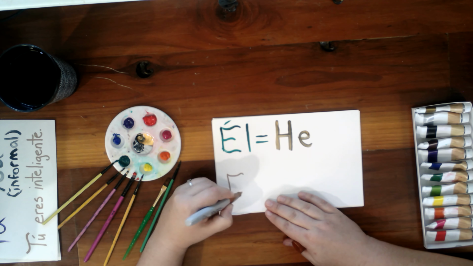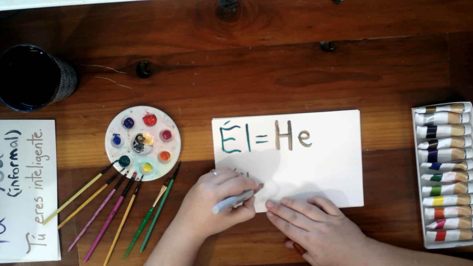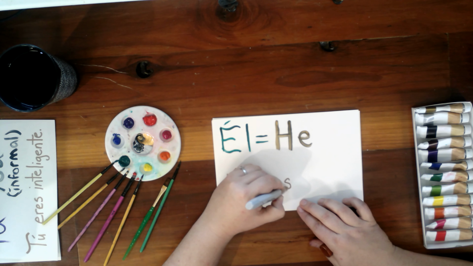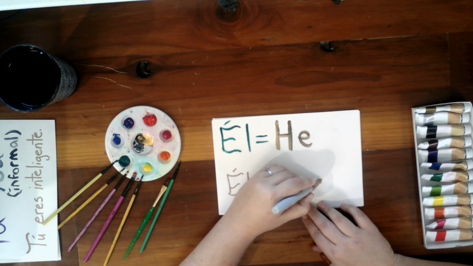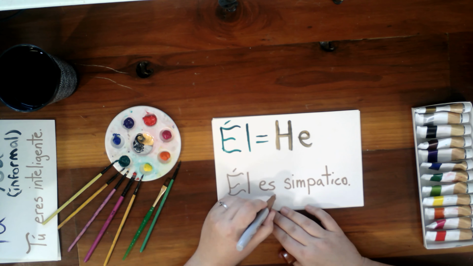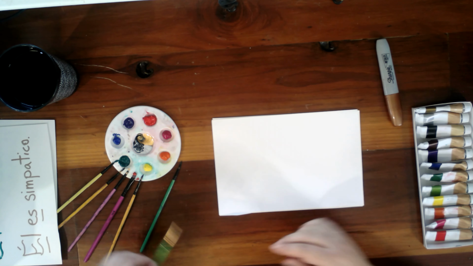But with that accent, it means he. So my example sentence is él es simpático, or he is nice. So él es, he is.